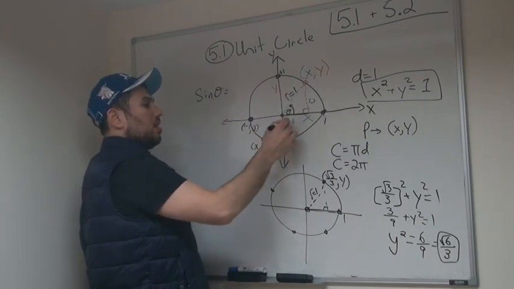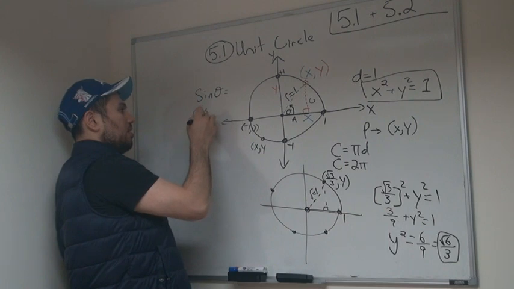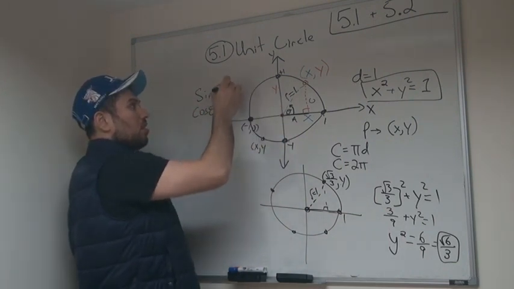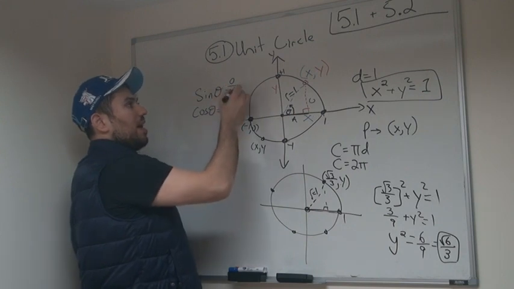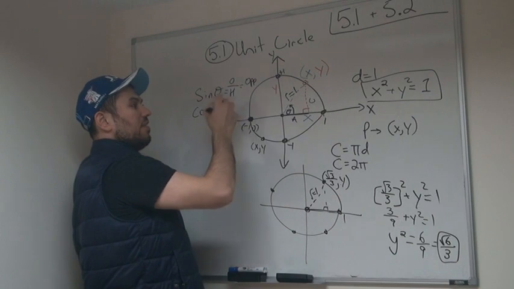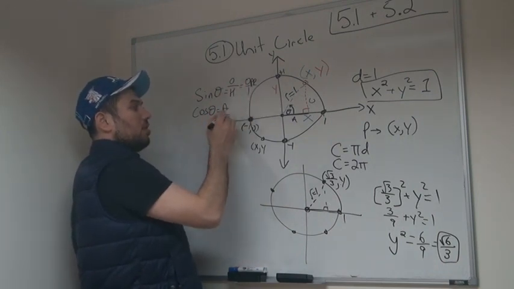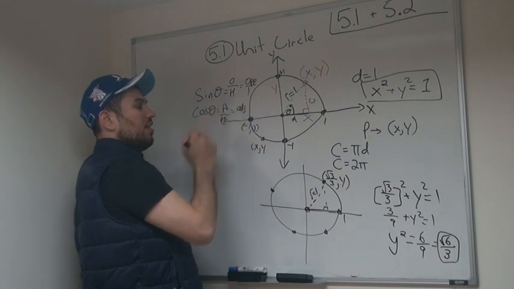If I needed the cosine of the angle, that would be the adjacent side over the hypotenuse. Well, the hypotenuse here is 1. So it's the opposite side divided by 1. And it's just the adjacent side divided by 1.